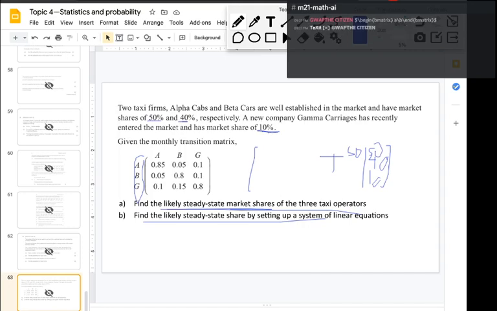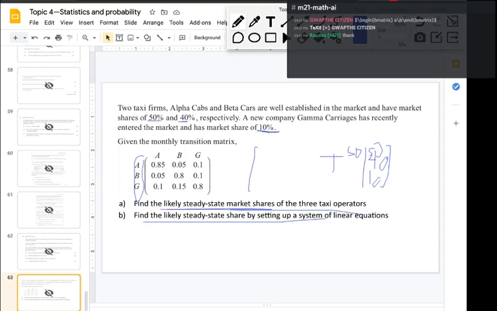Okay, so if you input it into the calculator: 0.85, 0.05, 0.1, 0.05, 0.8, 0.1, 0.1, 0.15, 0.8 times the 50, 40, and 10.